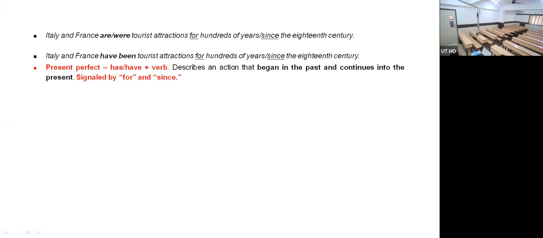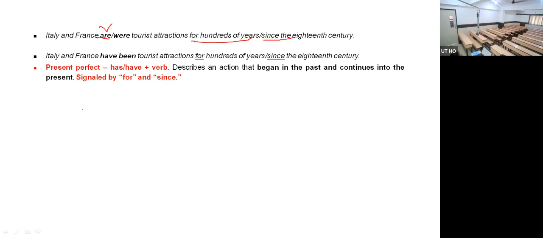So here we have a case where we have since or for hundreds of years, both the things can be used. So Italy and France are tourist attractions, so they still are for hundreds of years since the 18th century, or we can say they are tourist attractions since the 18th century.